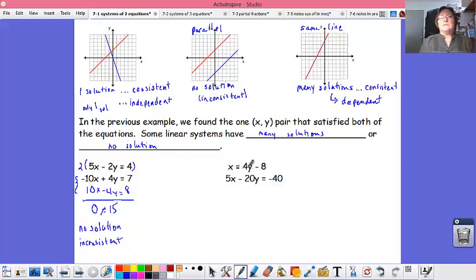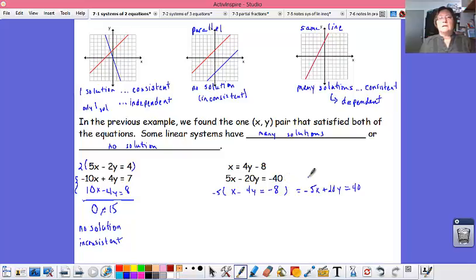In this one, we need to rearrange that equation. Let's bring the 4y's over on the other side. So x minus 4y would equal negative 8. And if we wanted to eliminate here, multiplying by negative 5 would do it. That would get rid of the x's. So that would give us negative 5x plus 20y equals 40.